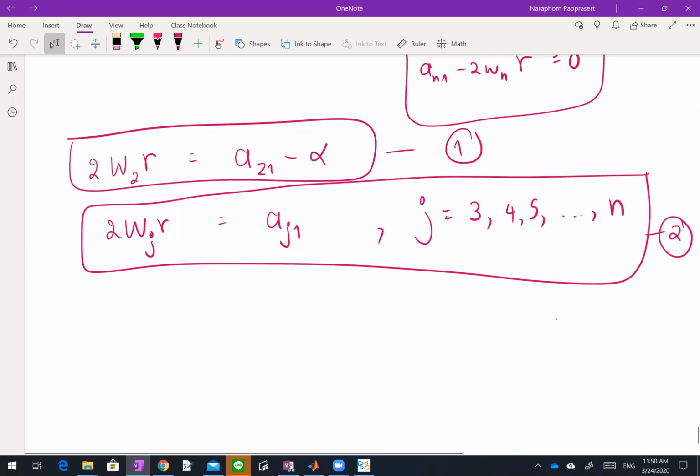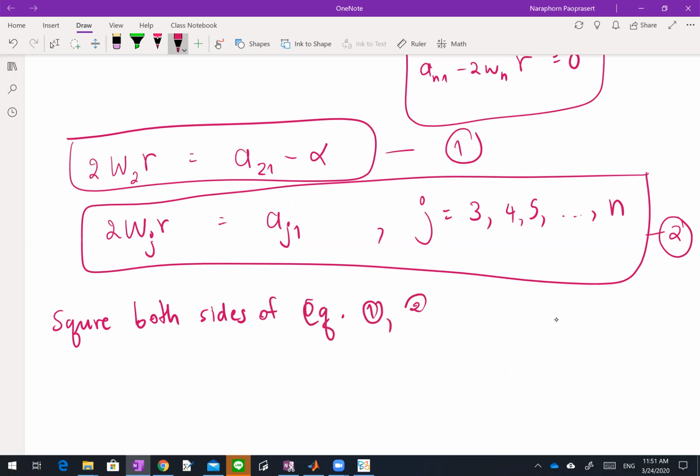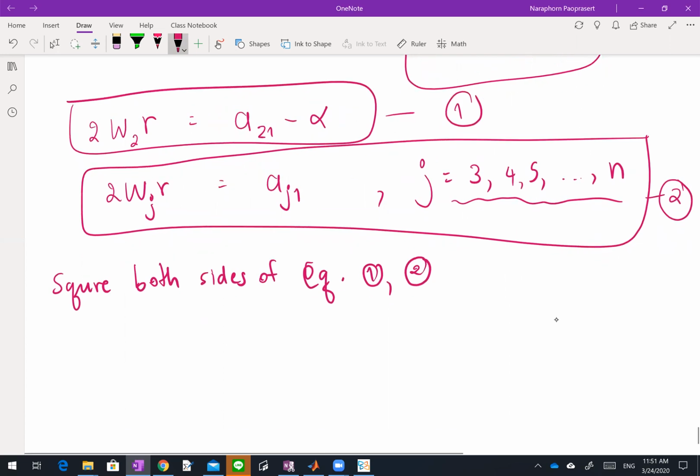So if we have equation number 1 and equation number 2, then we square both sides of equation 1 and 2. Actually, for equation number 2, you have a lot of equations, right? You have 2w3r equals a31, 2w4r equals a41, and so on. So you have n minus 2 equations.